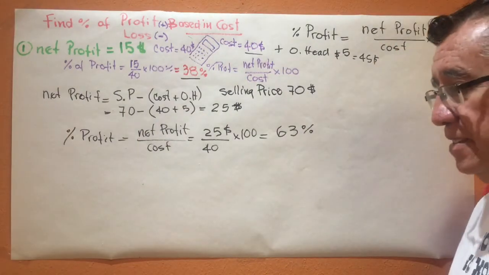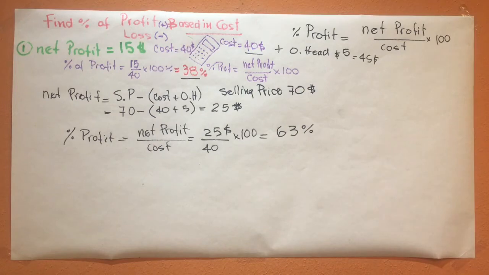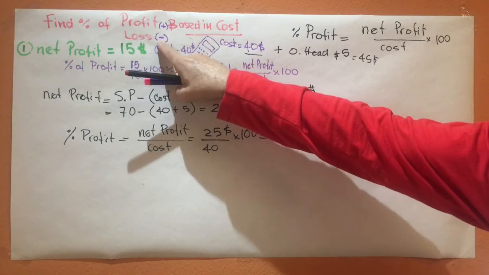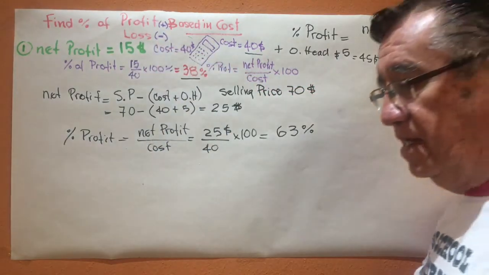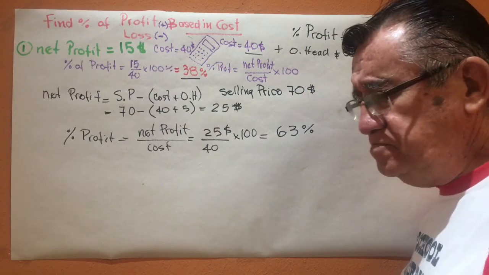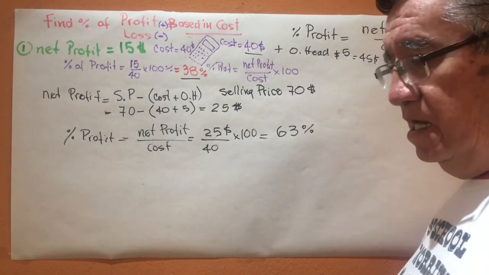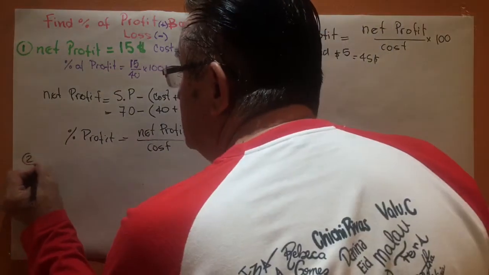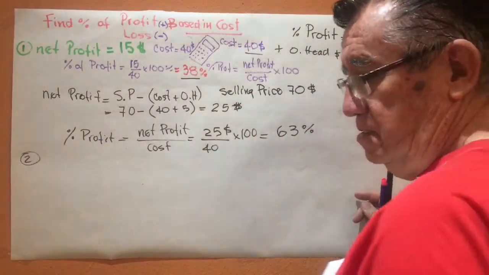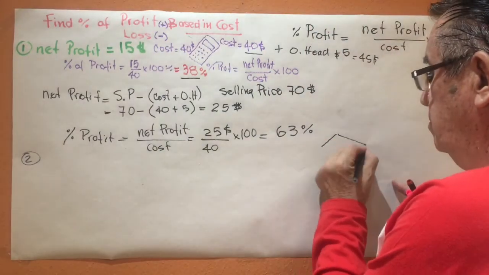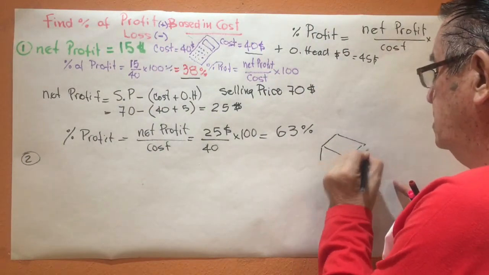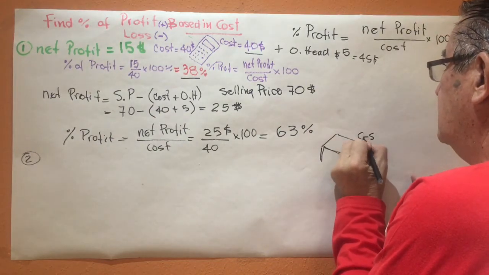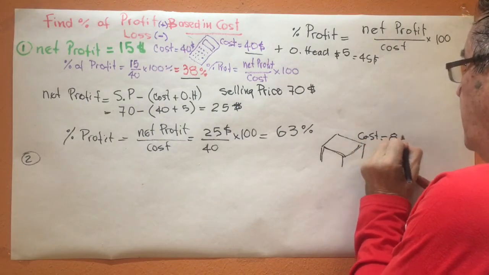All right? Sometimes you may make money, that means a positive result, but what happens if you lose money? Let's see another business. I had a second case. I bought this table and it cost me $85.